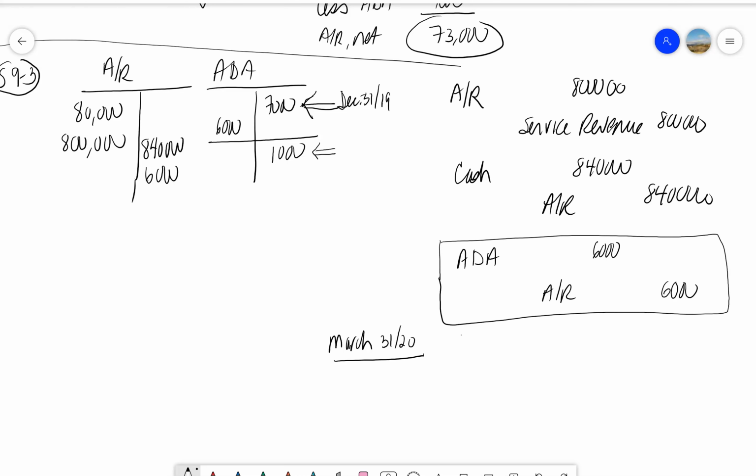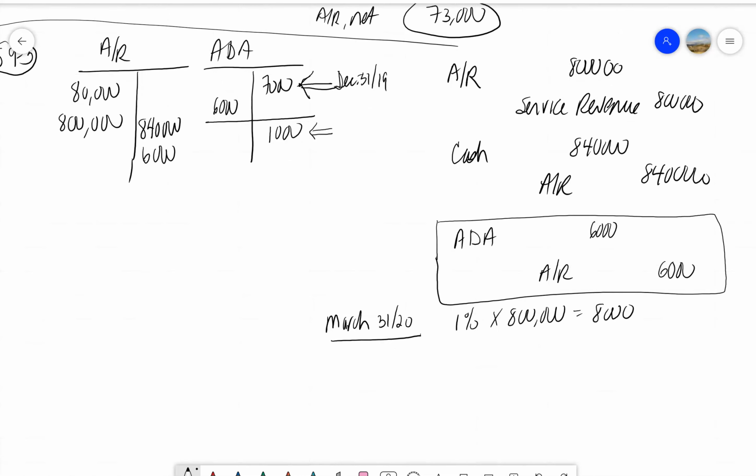And it's estimated to be 1% of their revenue. So their revenue again was 800,000. So 1% is going to be 8,000. And so to record the bad debts expense for the first quarter, they're going to debit bad debts expense for 8,000 and credit their allowance for doubtful accounts for 8,000.